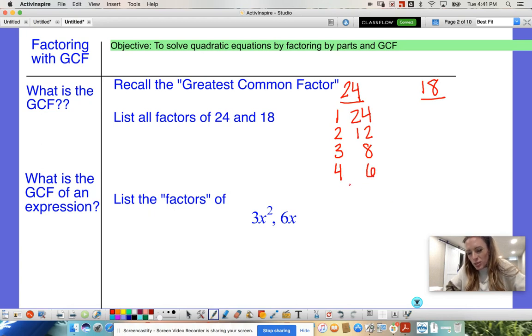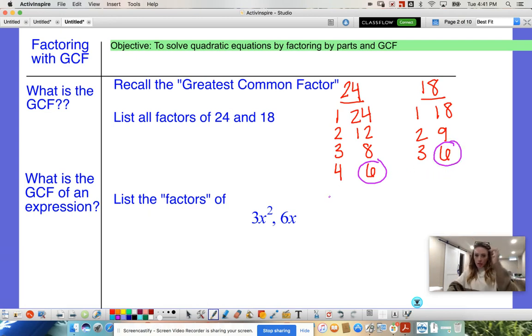And then 4 and 6 are really close, so the only factor between there is 5, and it doesn't go into 24. So then we do the same thing over here, 1 and 18, 2 and 9, 3 and 6, and then we have 4, which doesn't go in, and 5, which doesn't go in. So here we have these two greatest common factors of 6. So 6 is their greatest common factor.